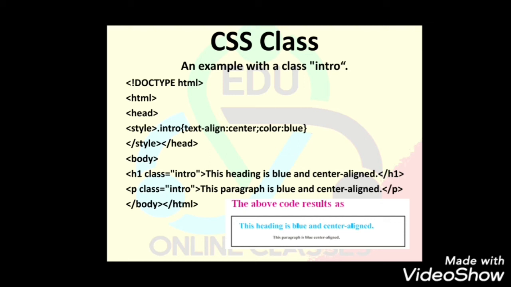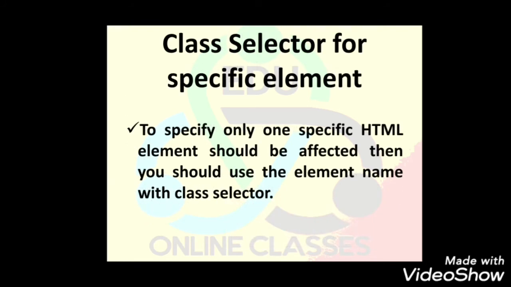So this is an example of CSS class. Now moving to the specific element. We use a specific element in HTML web pages where it only reflects that specific element and no changes will be made to the other sections in your web page.